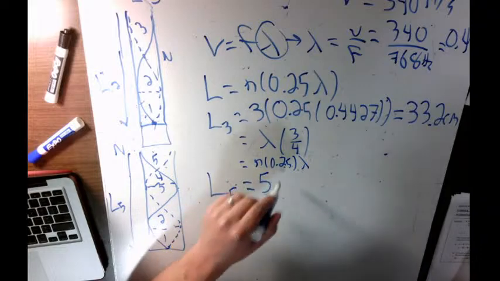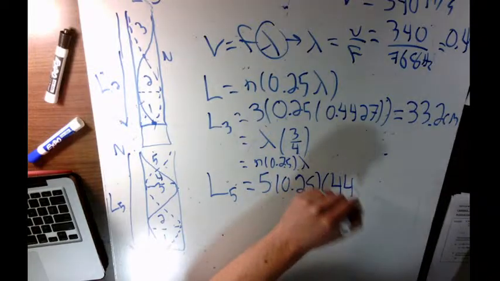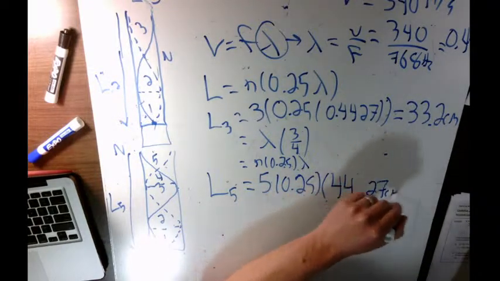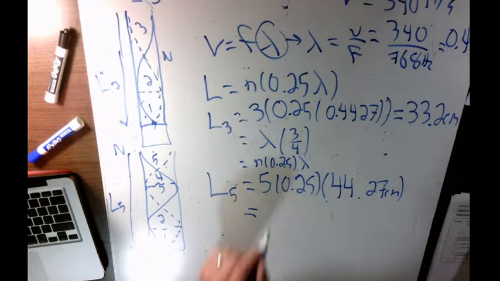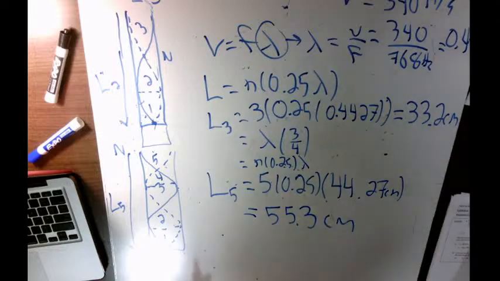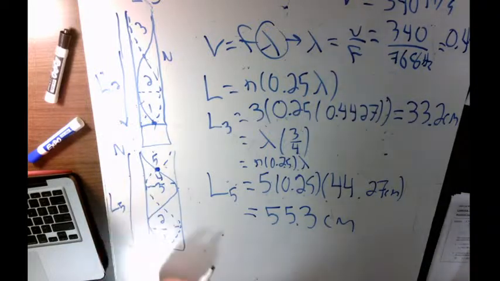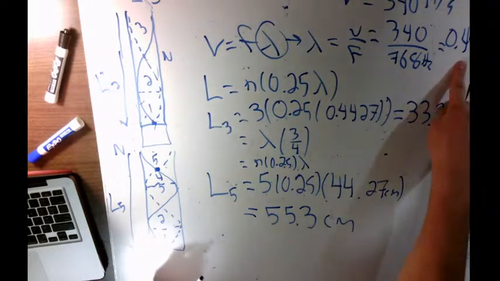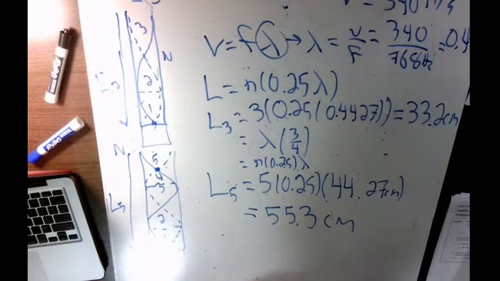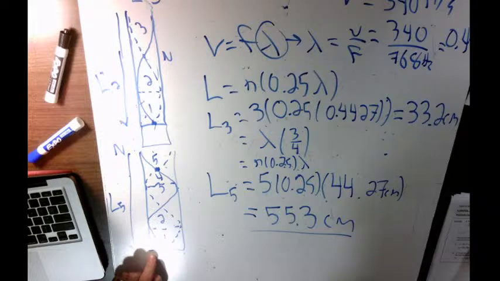So n is 5, quarter of 44.27 centimeters gives us 55.3 centimeters, which makes sense because this would be a full wavelength plus a quarter. So full wavelength would be 44. We're going to add an extra quarter wavelength to that and end up with a length of our pipe, or closed air column, one side closed, one side open, of 55.3 centimeters.